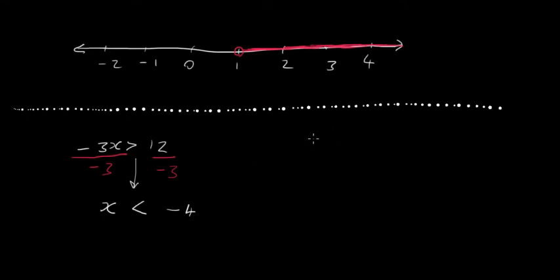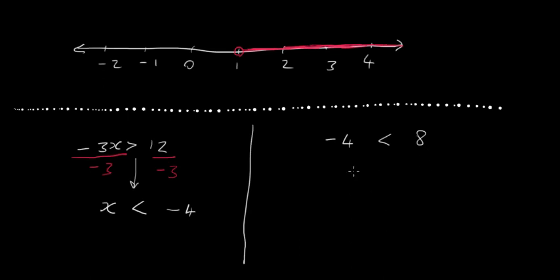So for example, let's take a practical example: minus 4 is less than, let's say, 8. On the number line, minus 4 is further to the left than 8.